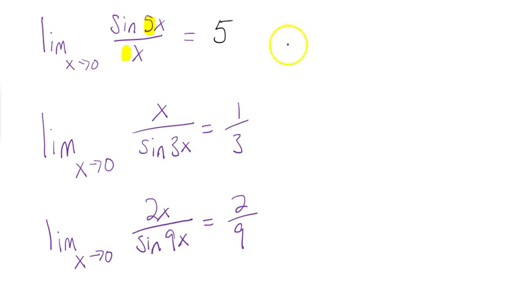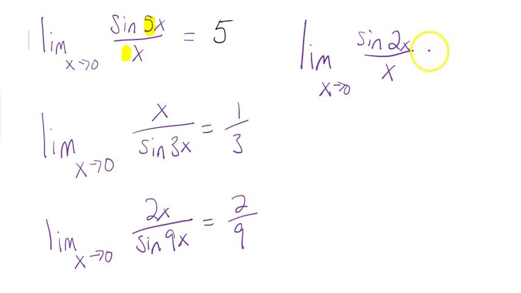I'll show you the math behind it again in case you needed that for some reason. If I have, say, the limit as x approaches 0 of sine 2x over x, obviously we know the answer would be 2. The way we came to that was by multiplying by 2 over 2 and putting that 2 with this x and moving this 2 to the front.